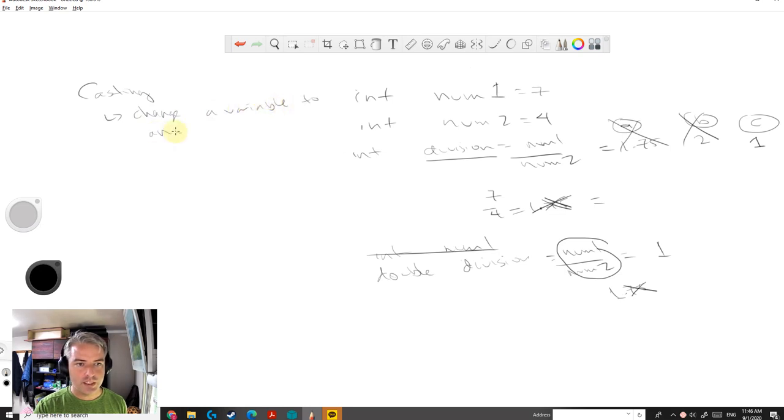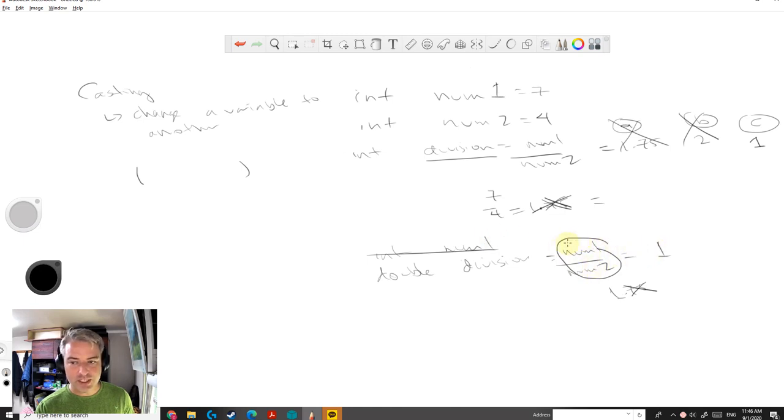We can't change, for example, num1, which we've declared to be an integer. We can't set this to be a double variable. But what we can do is, when we cast, put in little parentheses, and then put whatever we want to change our variable into. In this case, dividing integer by integer was giving us the problem.